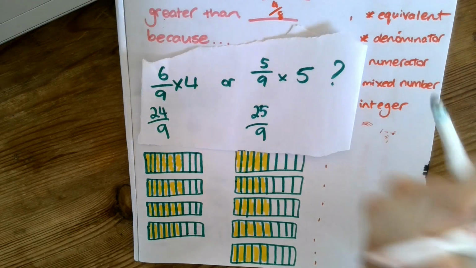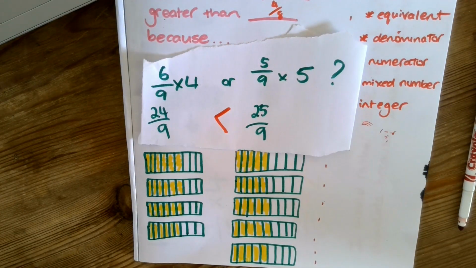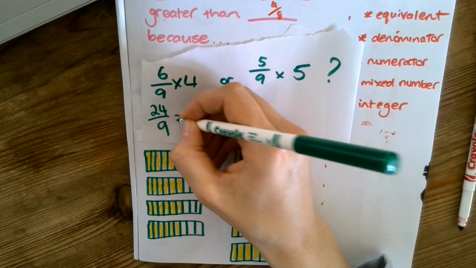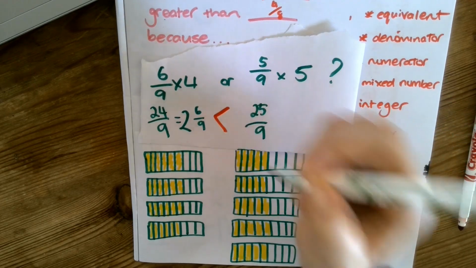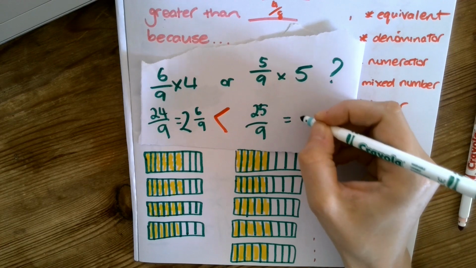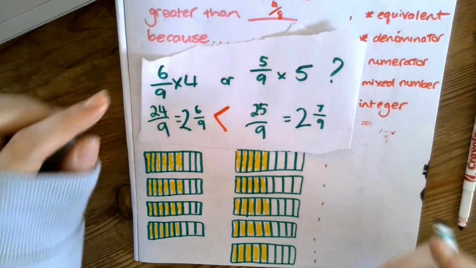So for this example, we don't have to convert them into mixed numbers, but it's always good practice to do that. So I'll quickly do it because it's always good to just practice as many math skills as you can. 24 ninths equals 2 whole and 6 ninths, and 25 ninths equals 2 whole and 7 ninths.